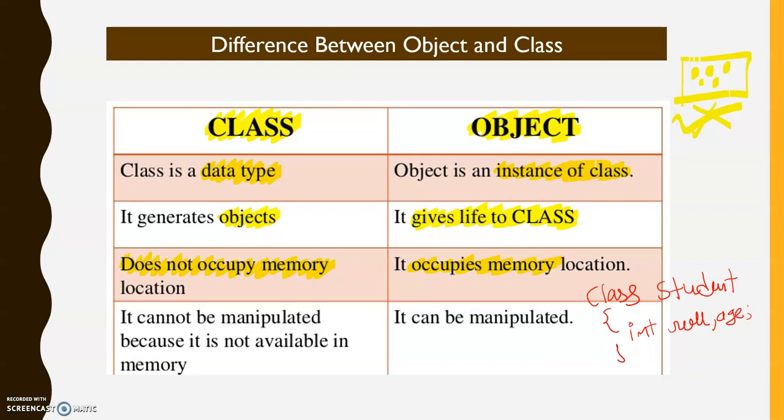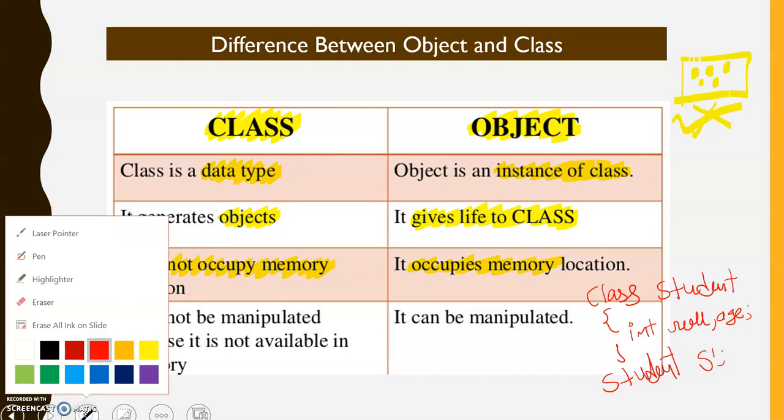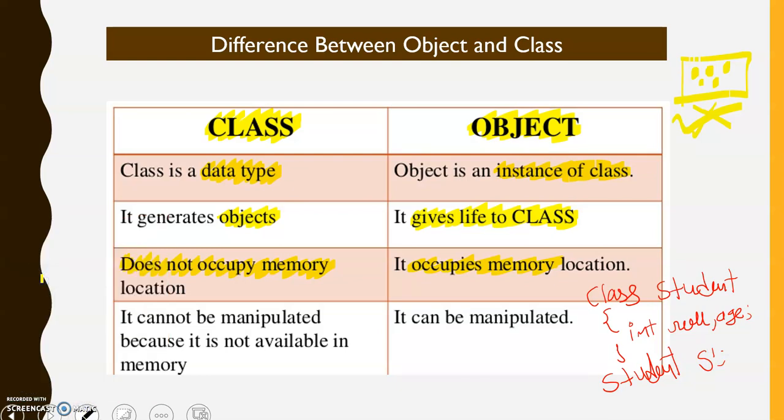It has not occupied any memory yet, but at the moment when you create an object of this class, like if I say student S1, at this moment it will occupy memory. How much memory? S1 will have roll number and age, and each is an integer.